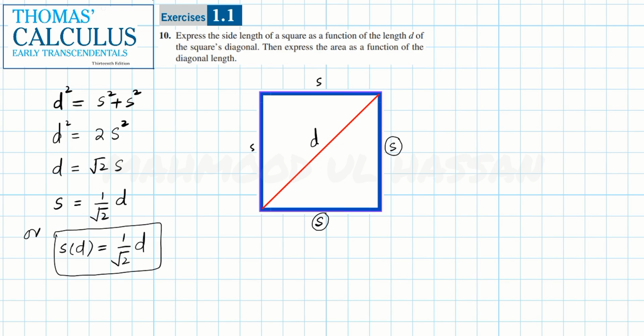Now we have to move to express the area as a function of the diagonal length. We know that the area of a square is the length multiplied with itself, that is s times s, that is s square. So the area is equal to s square here. Now the value of s is 1 divided by square root of 2 times d, and then take the square here.